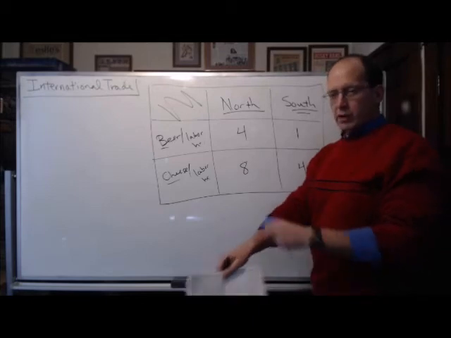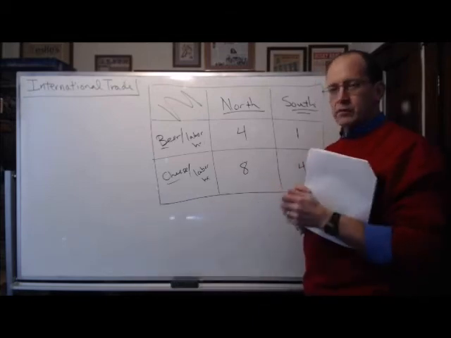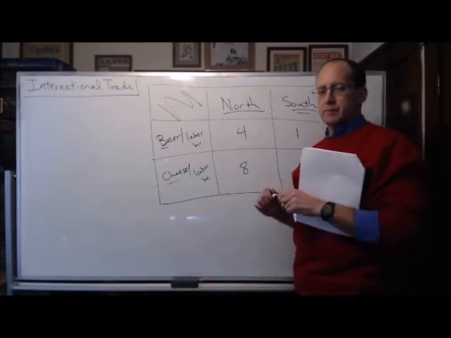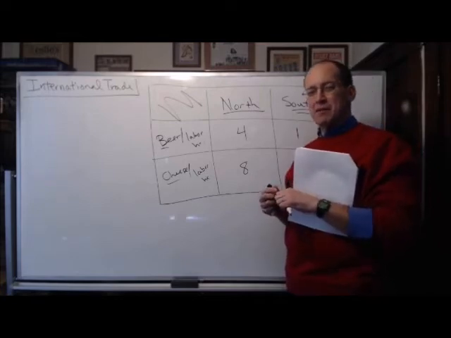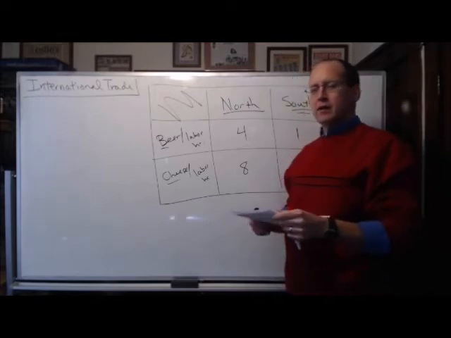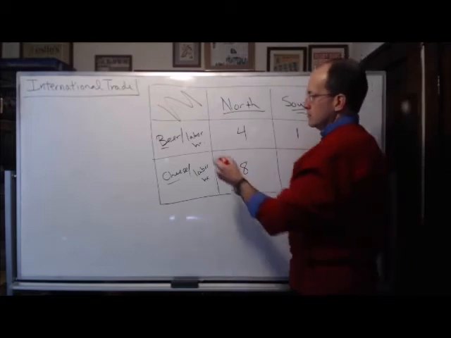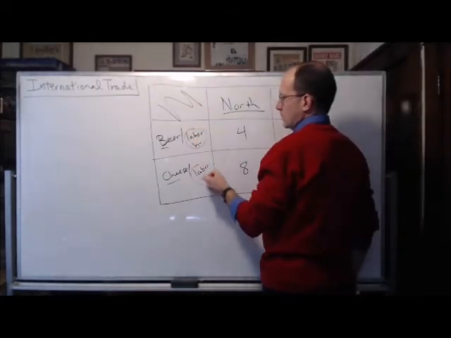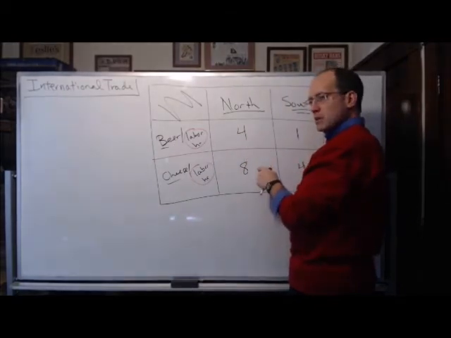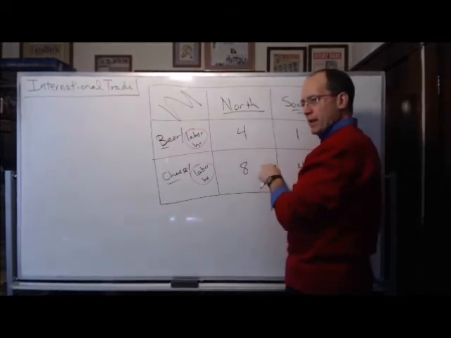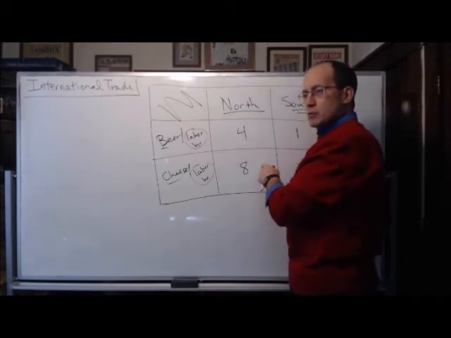And so then question 3: will the 2 countries ever trade with each other? The first blush answer is no, but the right answer is yes. Why? Because a labor hour can't be in 2 places at once. You can't be producing beer and cheese with each labor hour. You have to produce one or the other with that labor hour. And so there's an opportunity cost here.